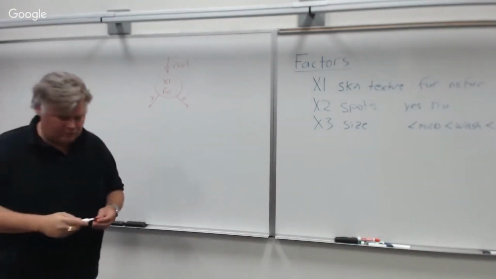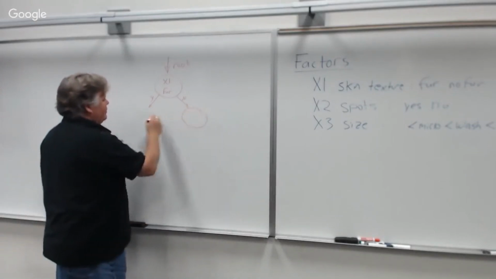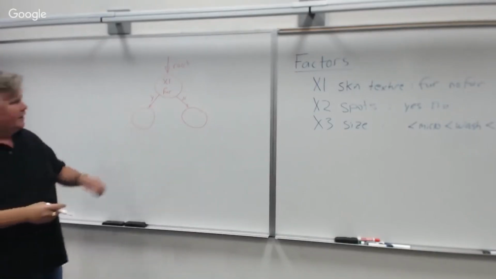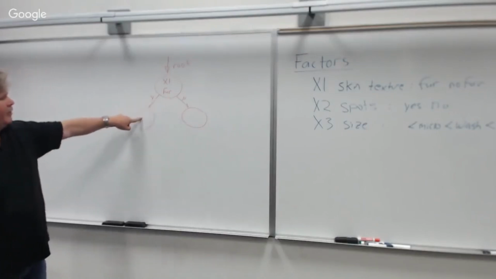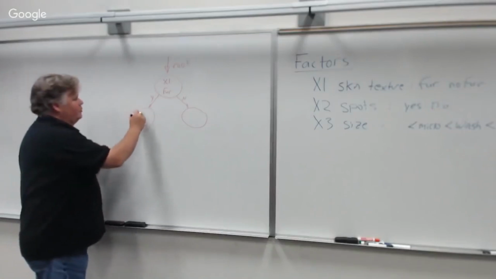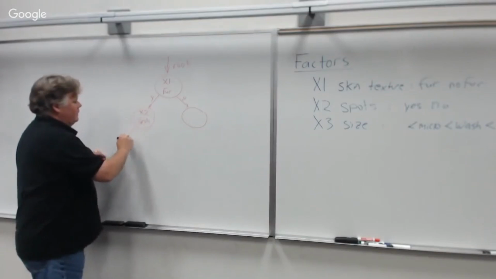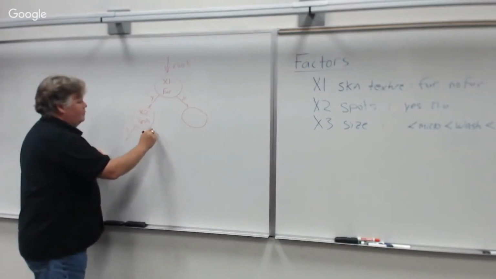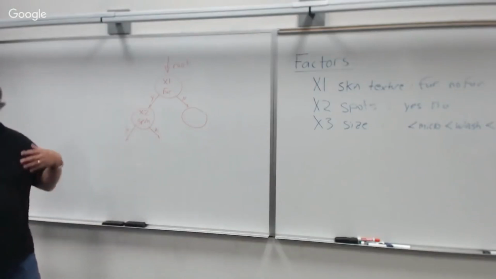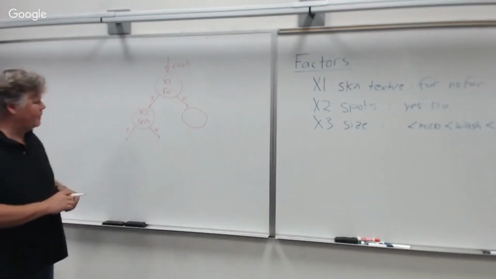And we continue down to another node in each direction. And in our case, we had fur. So maybe this next one is X2, spots. And yes, and no. I'm going to make sort of an abbreviated tree just for the purpose of this discussion, because we're going to have some more detailed trees in a moment.